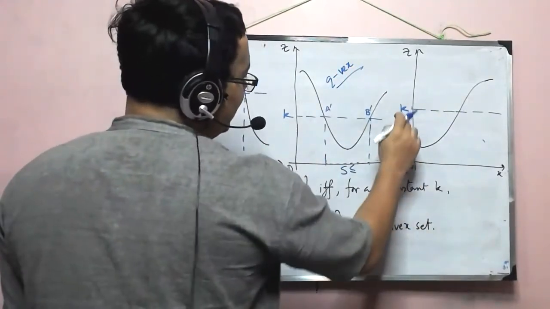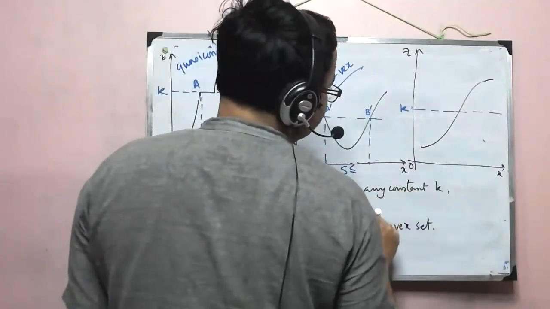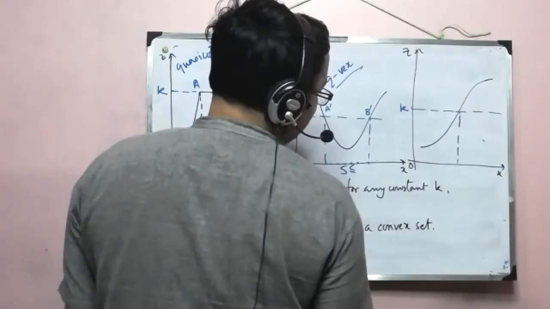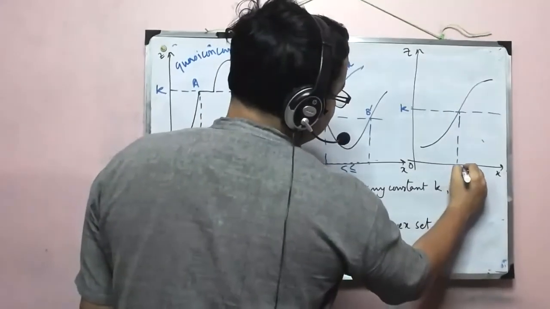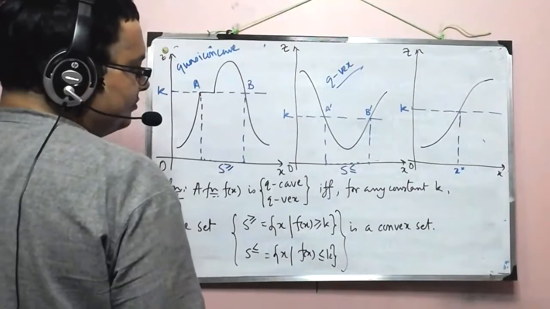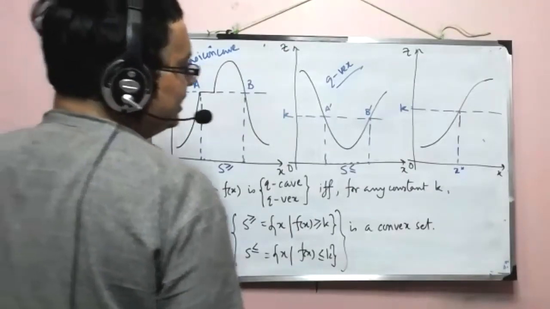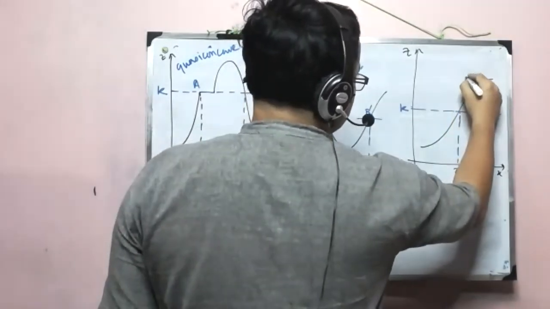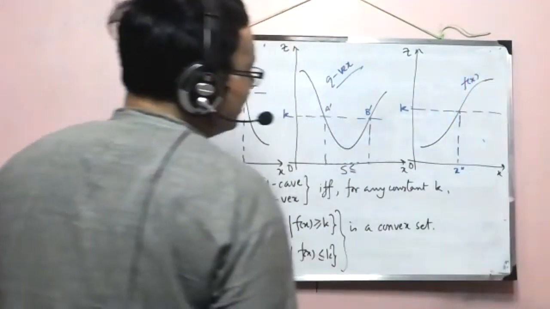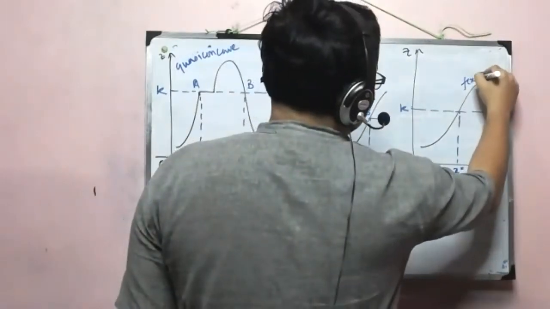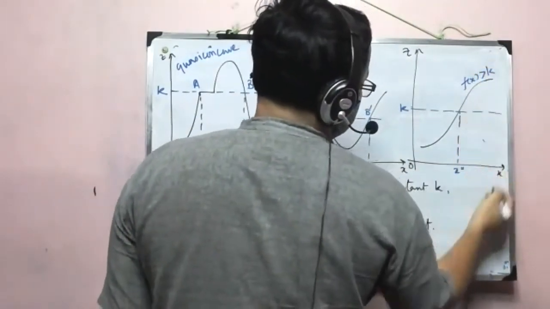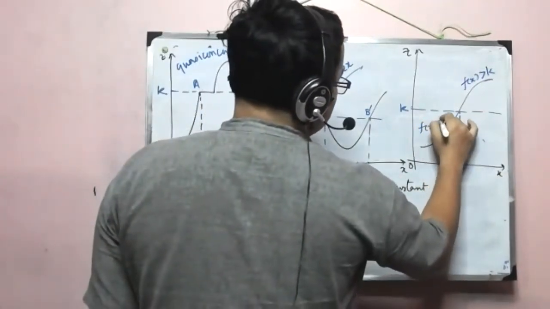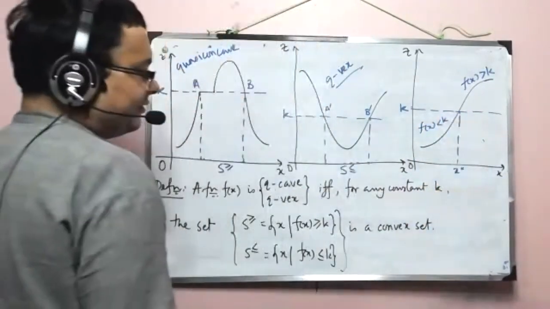If I take k, and let's say this is some x star, f(x) is greater than k beyond this x star, and on the left of x star, f(x) is less than k, right?